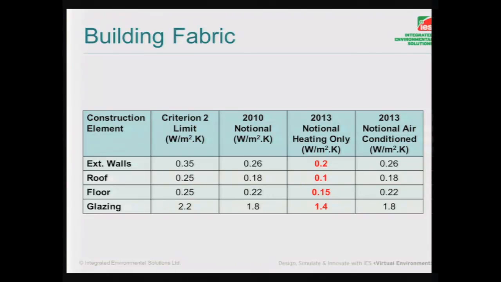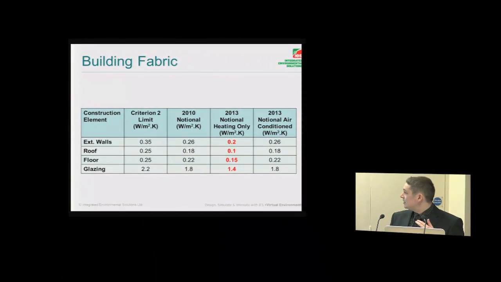Now, from what I've seen so far, the parameters associated with the notional building in a heated only building look much stricter and much tougher to match than if it was an air conditioned building. Now, once I've talked a little bit about the changes to that notional building specification, I've also got a case study which just goes through a sample building illustrating the sorts of energy reductions that we're actually seeing.